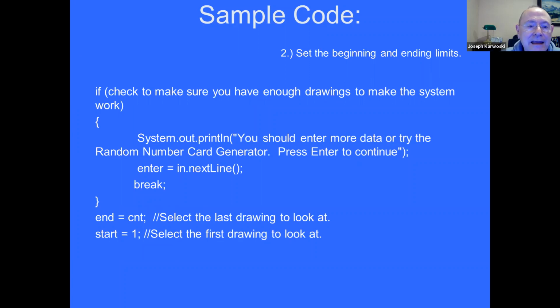set the beginning and ending limits. Okay, in here I have an if statement. What you should do is check to make sure you actually have enough drawings to make the system work.